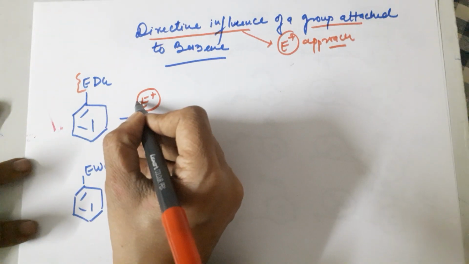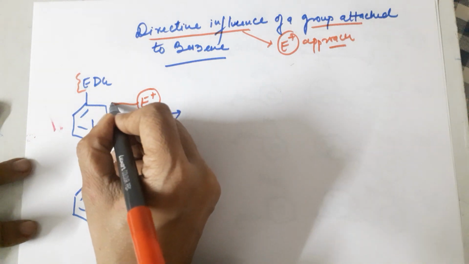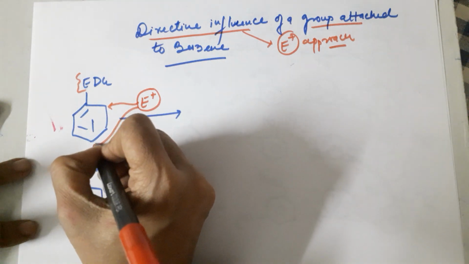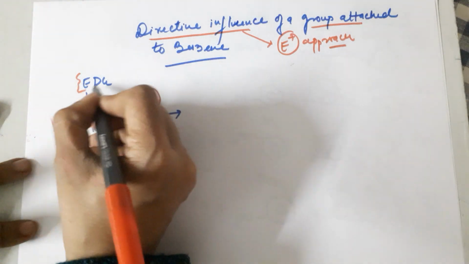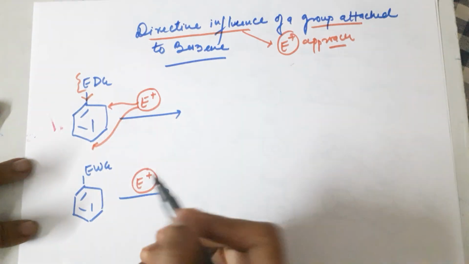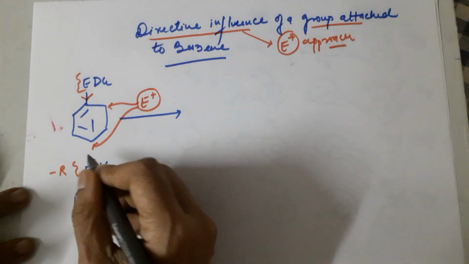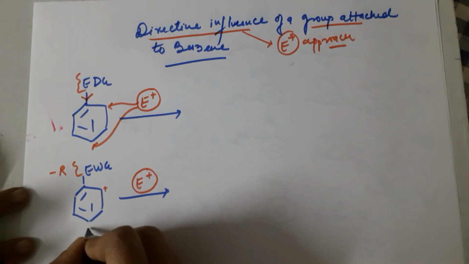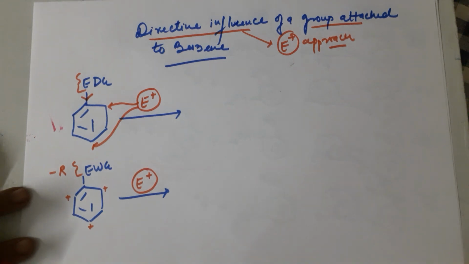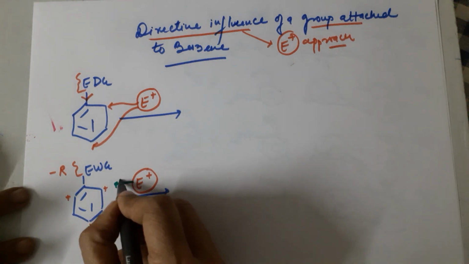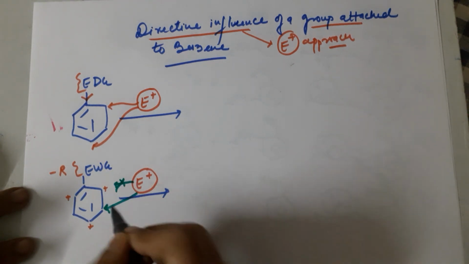So, your electrophile will attack at the ortho para only, because the electrophile requires electrons and this is an electron donor. While if it is an electron withdrawing group, it has a minus R effect, and pulls the electrons towards itself. So, ortho para get a positive charge. So your electrophile cannot approach the positive positions, it has to approach the meta.